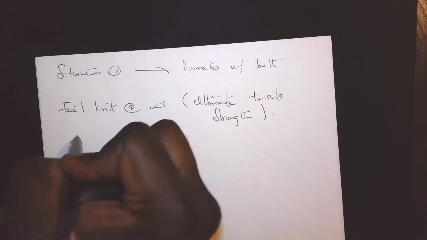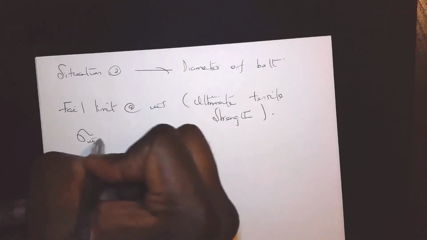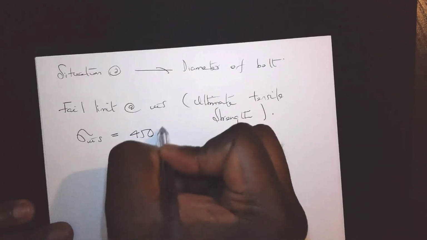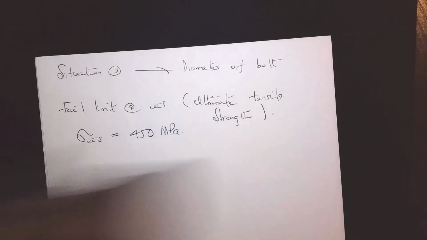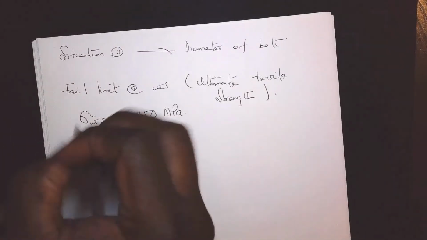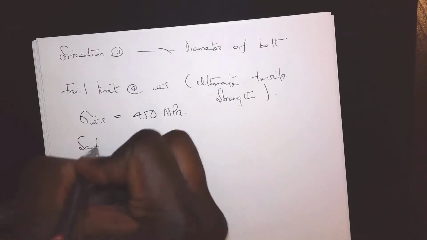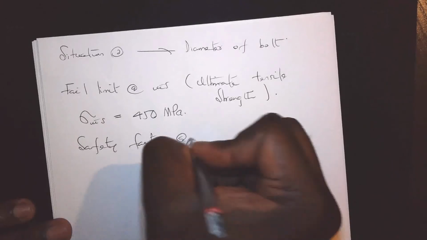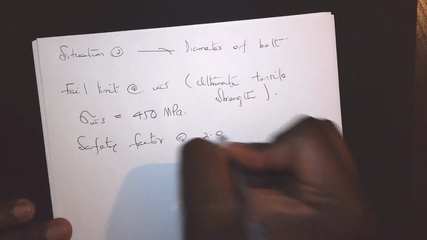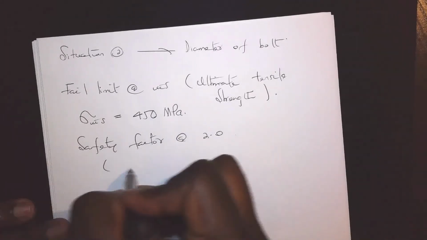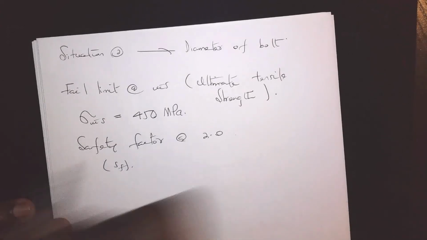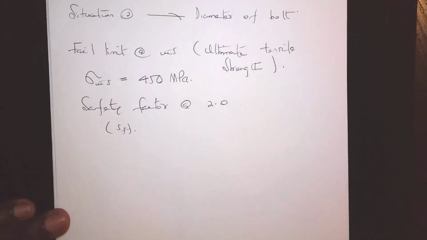In this case, the UTS, sigma_UTS, is given as 450 MPa. We're still using the same safety factor, so the safety factor for this application is still 2.0.